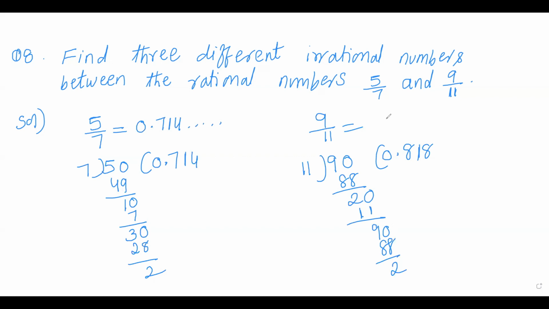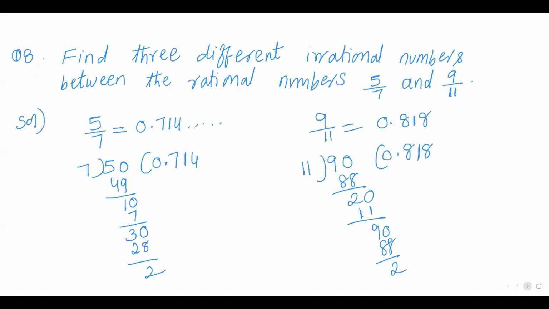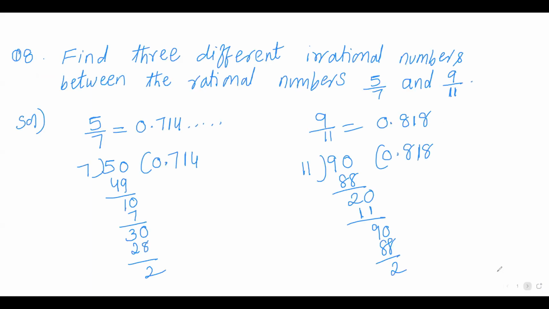We get 0.818. Now the first decimal form is 0.714 and the next decimal form is 0.818.